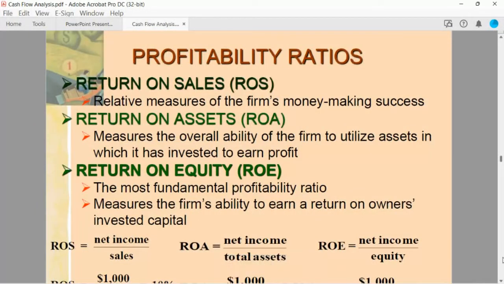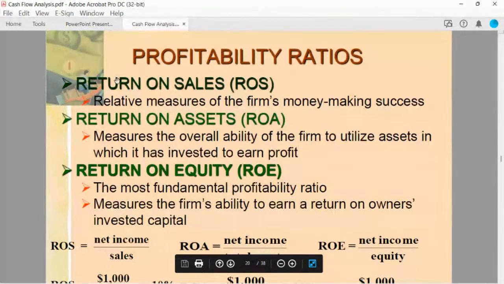Some people may think that taking on more debt would lower the return on equity. No, actually taking on more debt will raise the return on equity. So I'm going to talk about that.